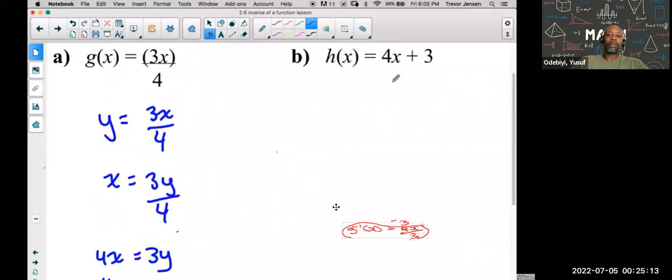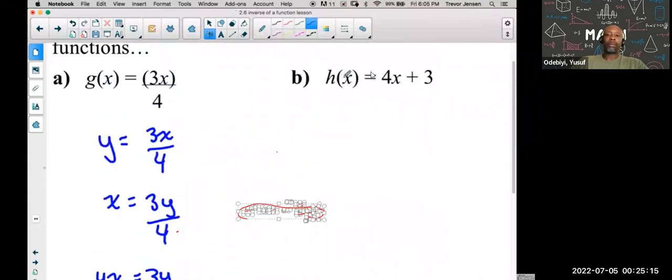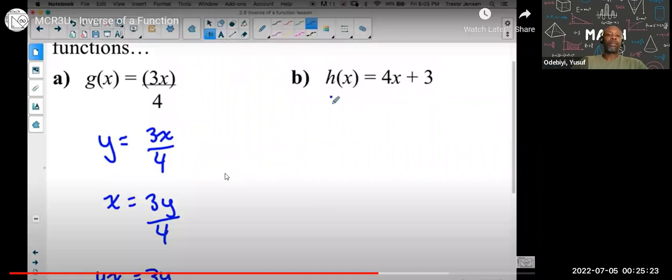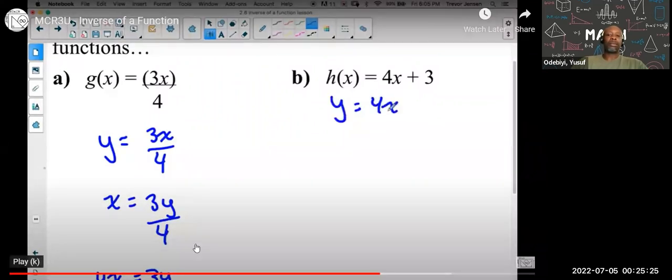So that one's done. This next function is h at x. Let's write the equation algebraically of the inverse of h at x. We start by replacing h at x with y. Same kind of thing. I'm just going to slow it down so we can all see it again.